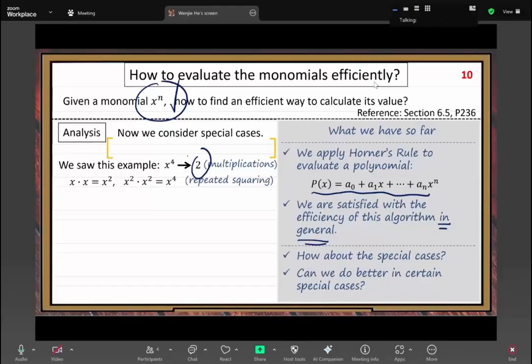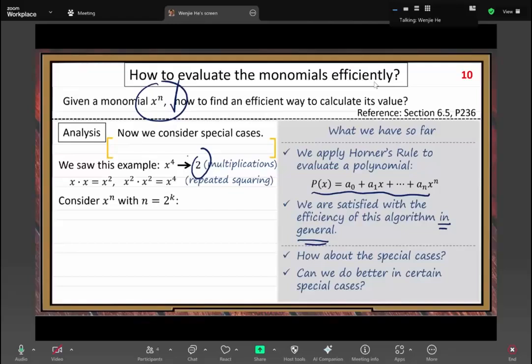Now, let me use the general case to show you how powerful this technique is. This time we consider the exponent n to be a power of 2, then we can keep doing the square operation.